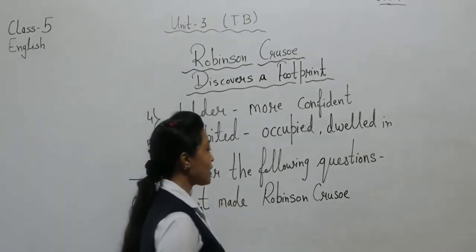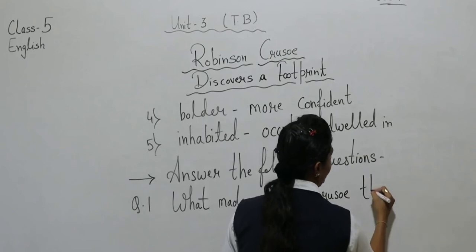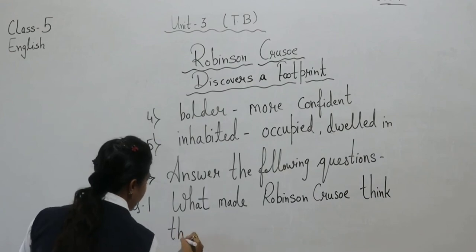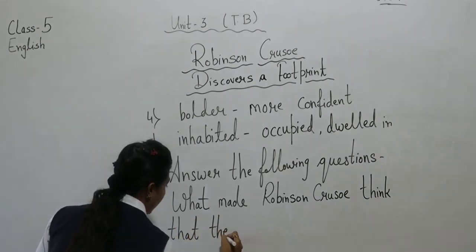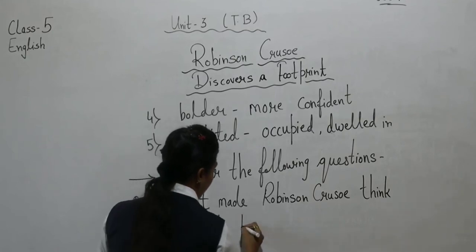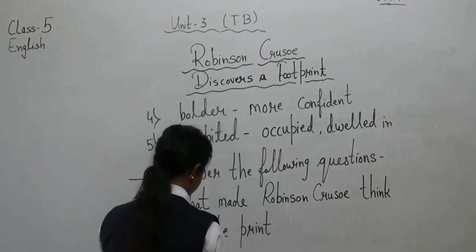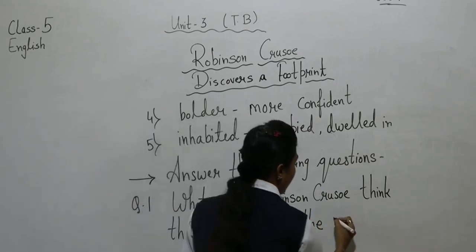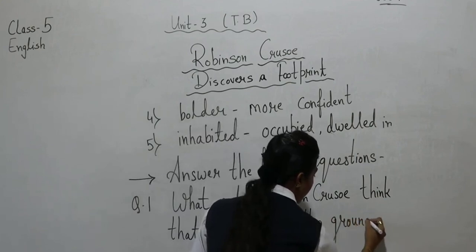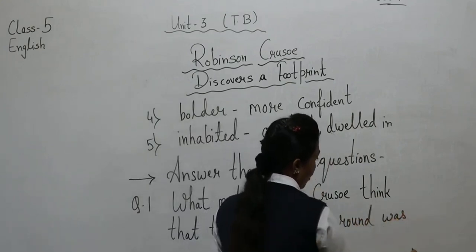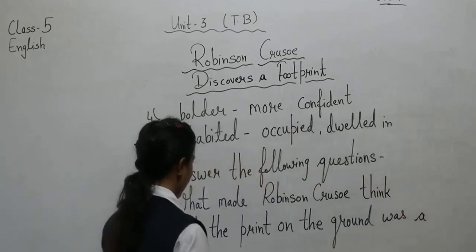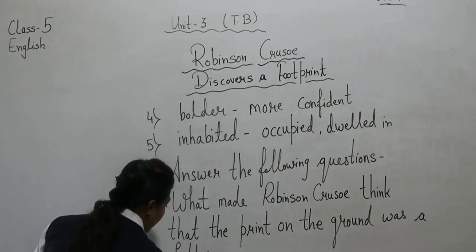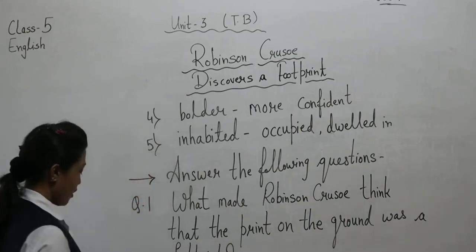What made Robinson Crusoe think that the print on the ground was a footprint?